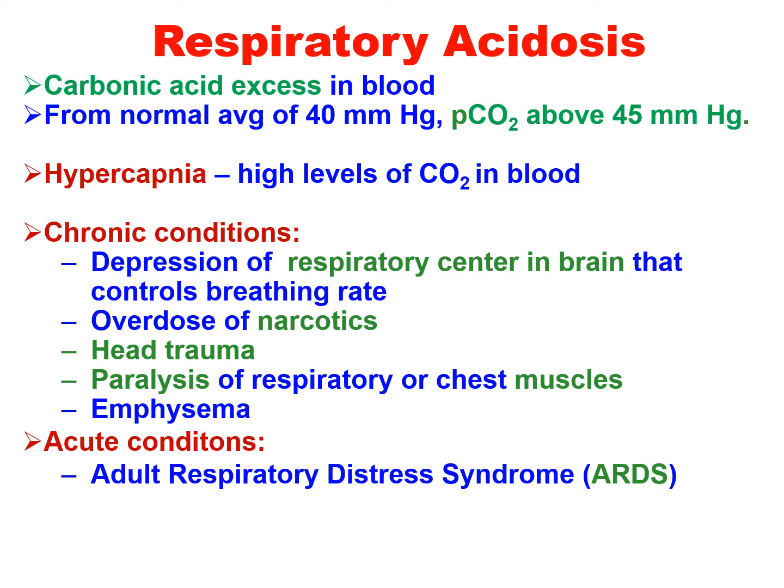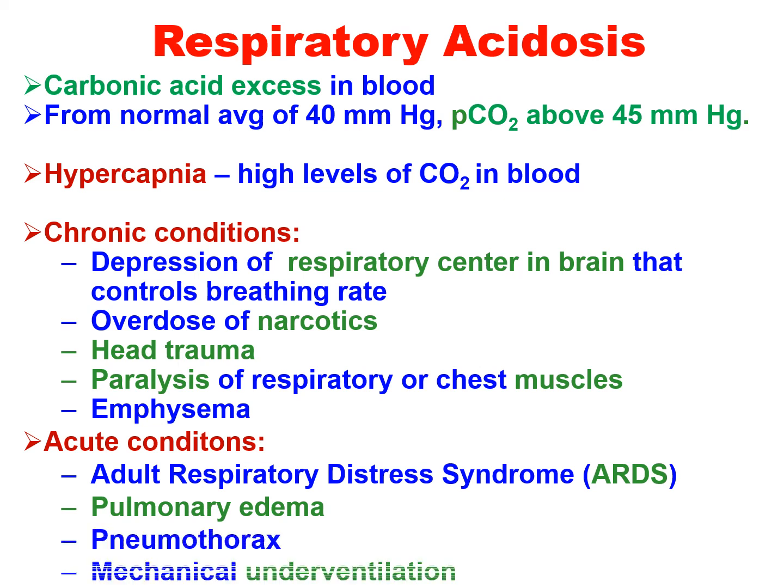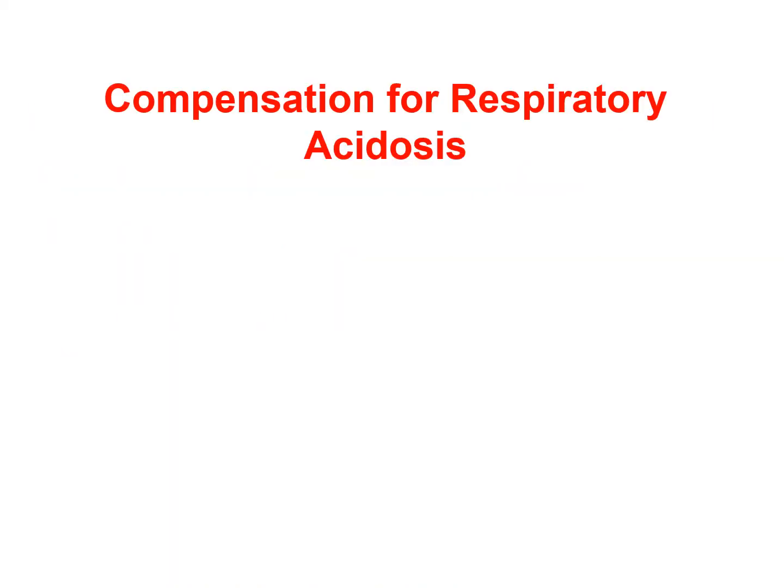Coming back to the acute conditions for respiratory acidosis, another reason may be pulmonary edema, pneumothorax, and mechanical ventilation. As the name says, respiratory in it, there is also an excess of carbonic acid or carbon dioxide in the blood.